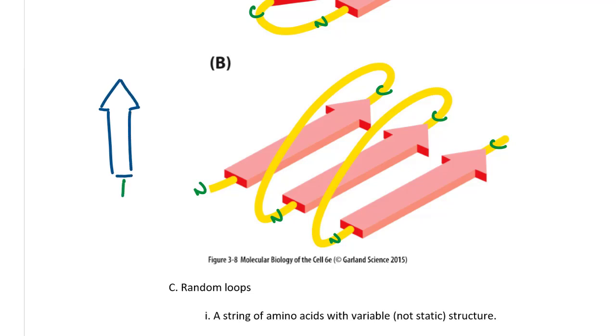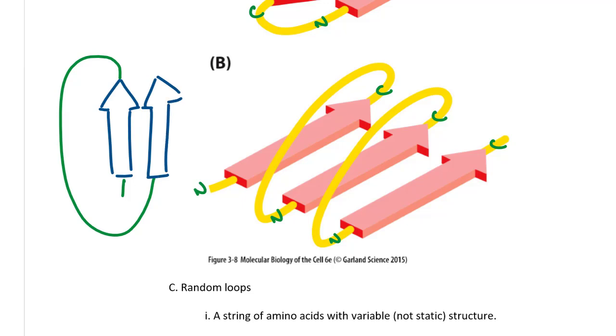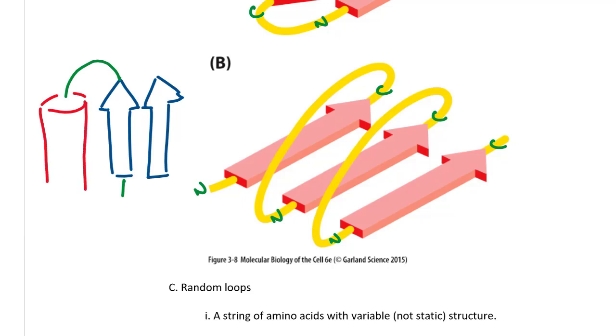So you could have it be something where you're coming all the way back to start this, right? But instead of coming all the way back like that to start the second beta strand, so they can run parallel to each other, what you can instead have is it coming back, you have an alpha helix, and a loop connecting to the next beta strand, part of the beta sheet.